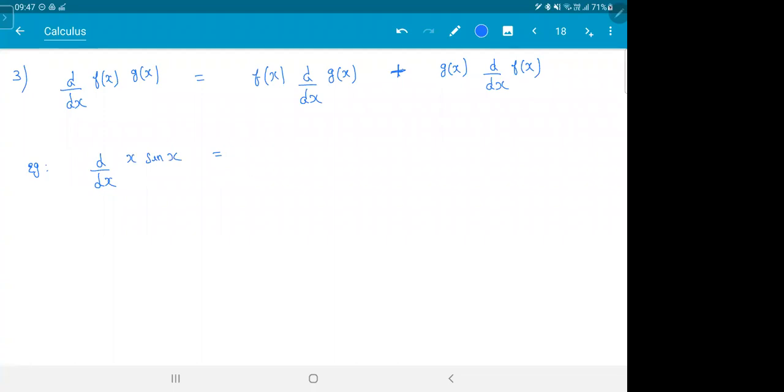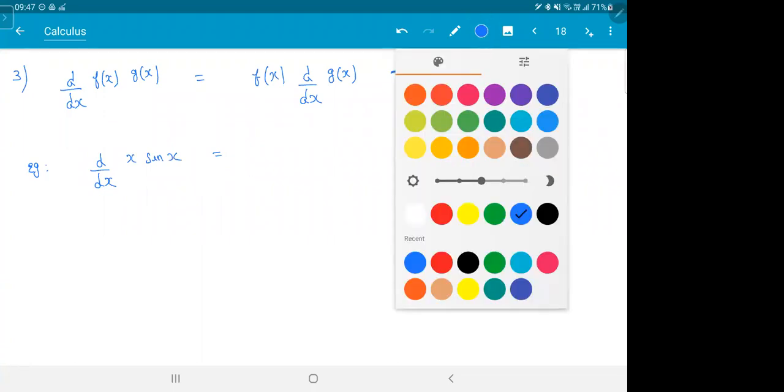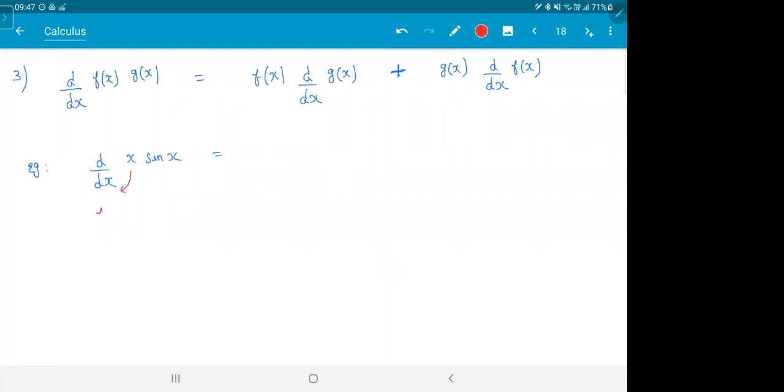Now see, here we have f of x into g of x, multiplication. So here, this is f of x, g of x. So two functions. What you do is, first you differentiate g of x, bring f of x outside. When you differentiate f of x, bring g of x outside.